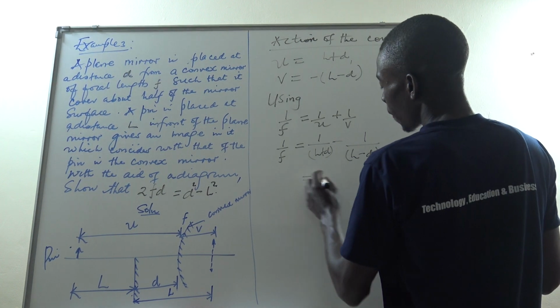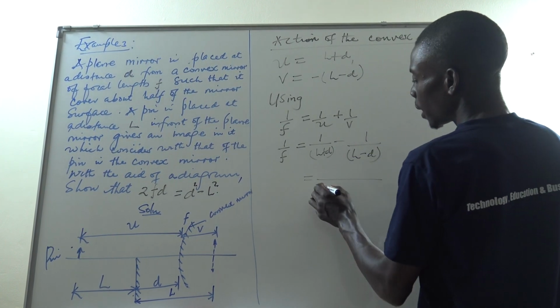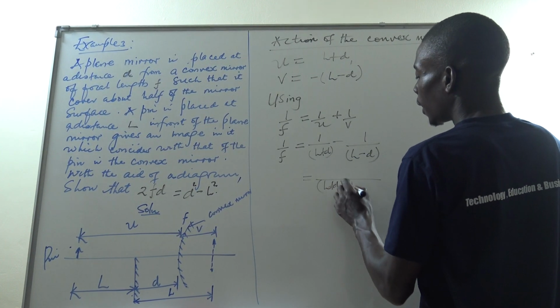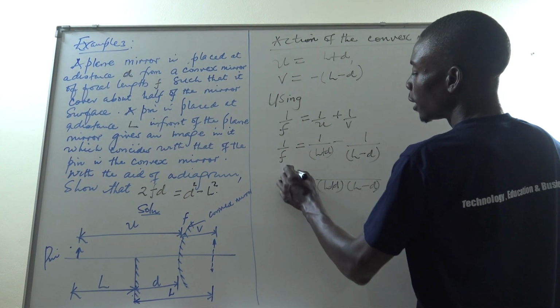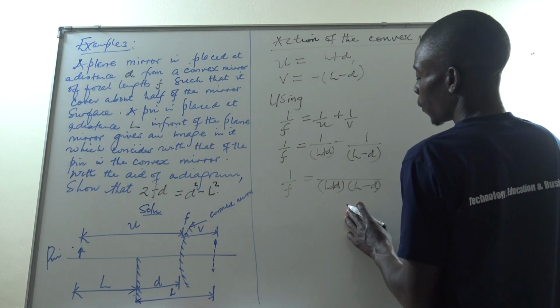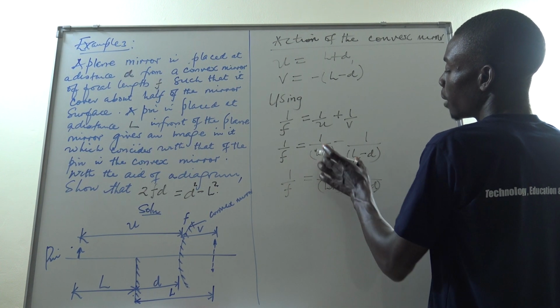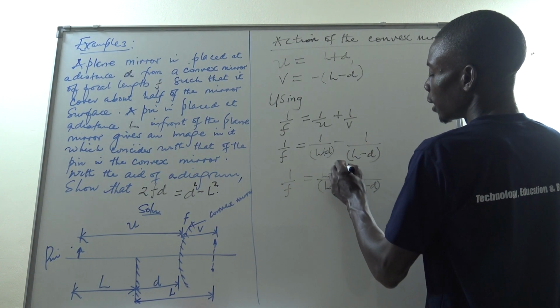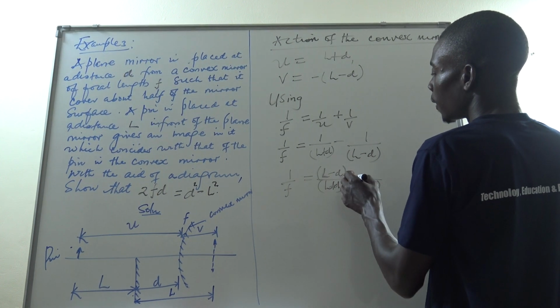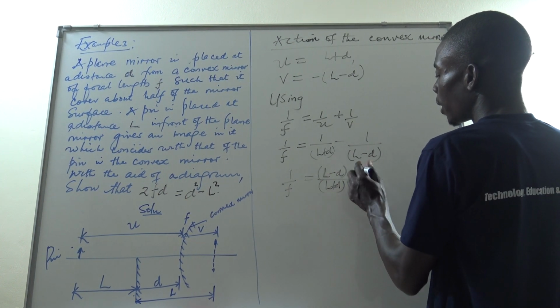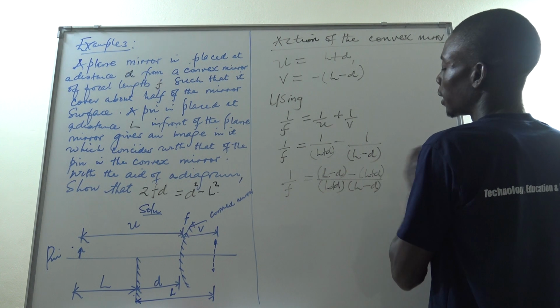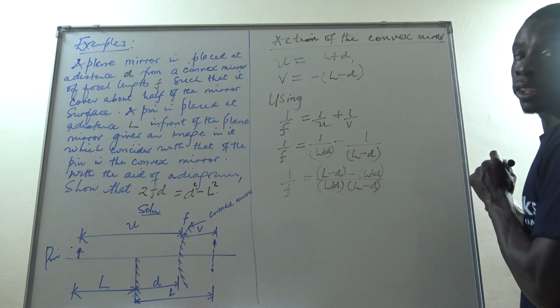So from here, my LCM will be L plus D times L minus D, equal to 1 over F. If LCM is that, I'll say this divided by that, you will get L minus D, and then minus this divided by that will be L plus D. Then we hope we are still following.